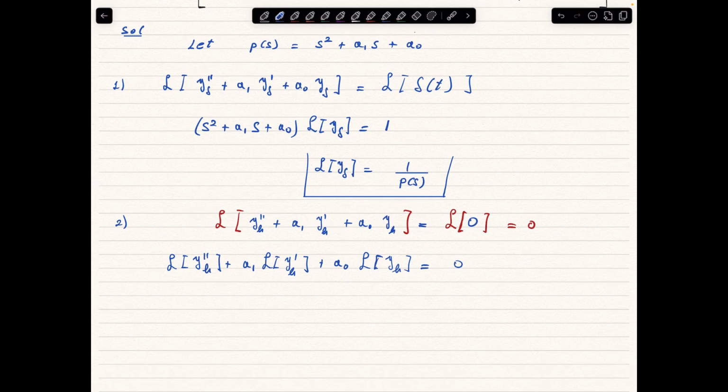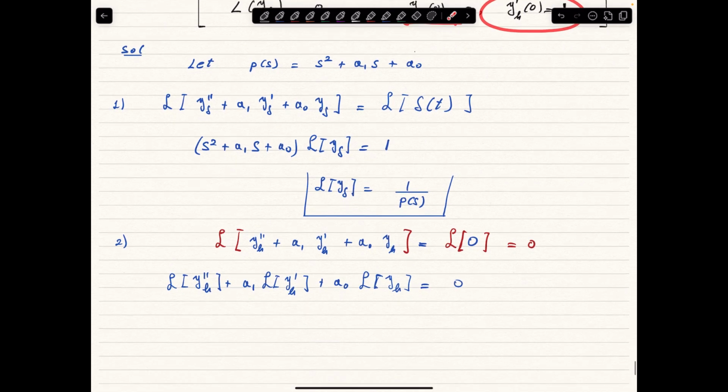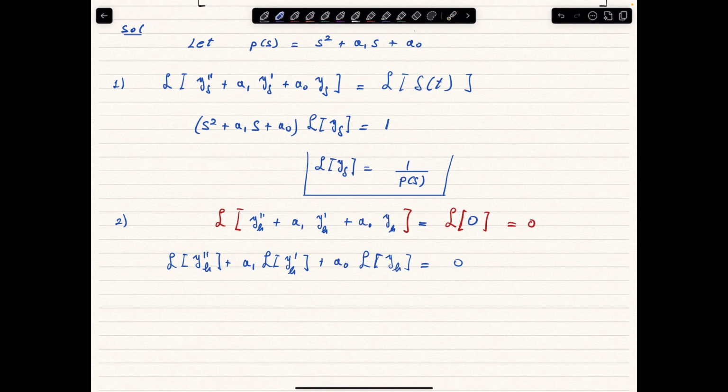But now, recall, we have initial conditions, so this is 0, but this is different from 0. Let's use the properties of the Laplace transform. This is equal to s squared times the Laplace transform of yh, minus s times the function at 0, minus the derivative of this function at 0.